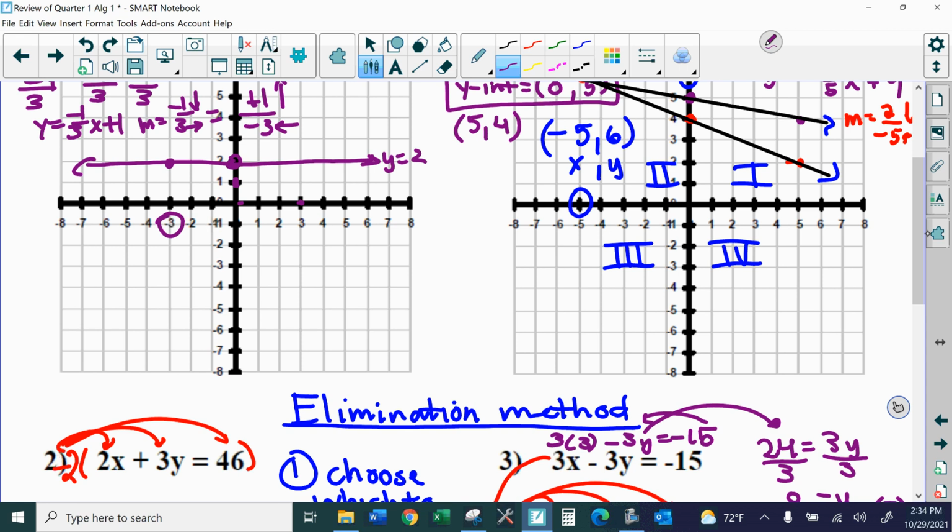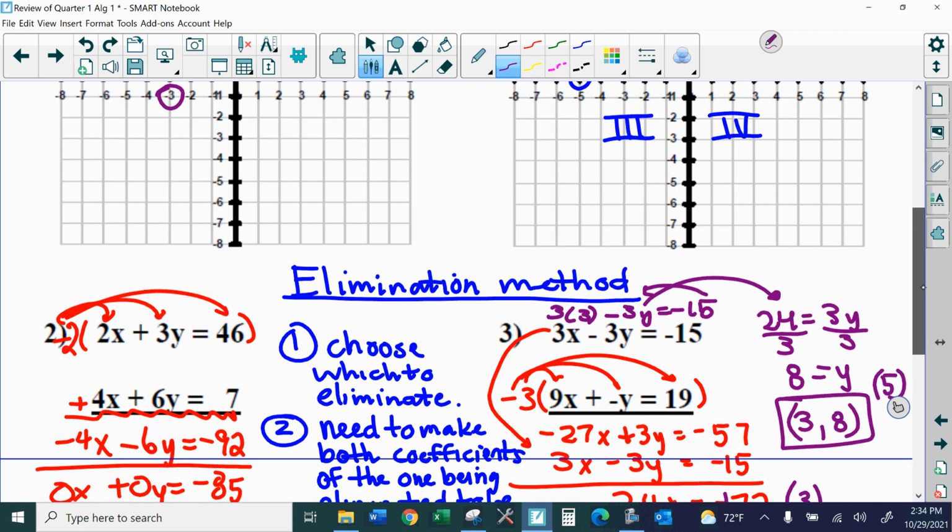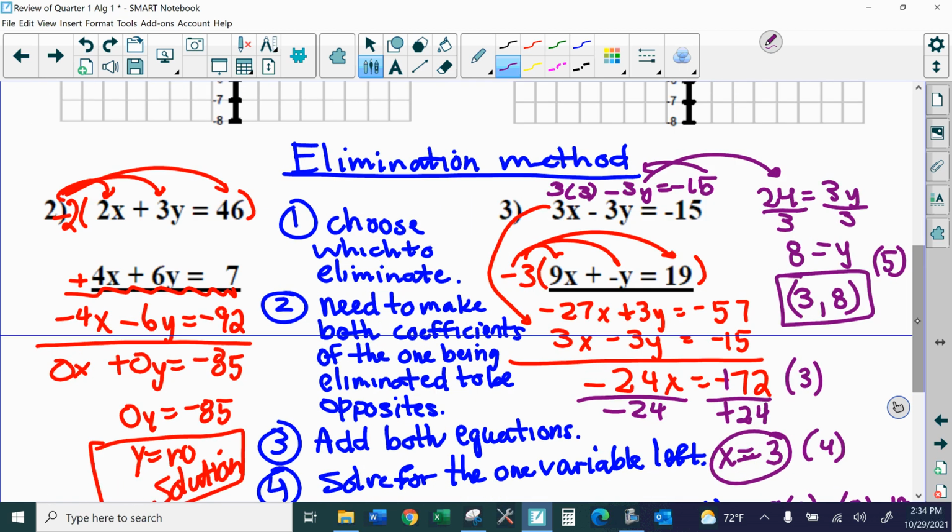If it intersects anywhere inside a square, that's a fraction or a decimal. You can't figure out what that is from the graph. But with the elimination method and substitution method, you can solve for any answer, fractions, decimals, or integers. So elimination method and substitution method are the most popular ones, just so you know.